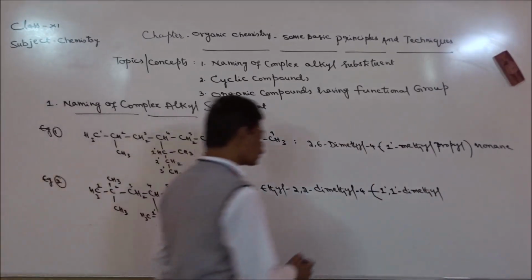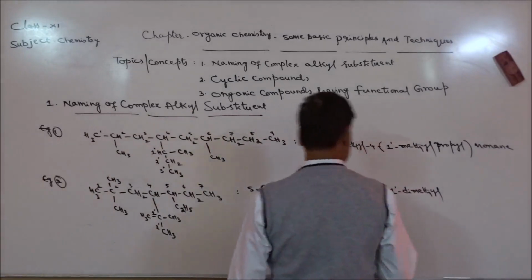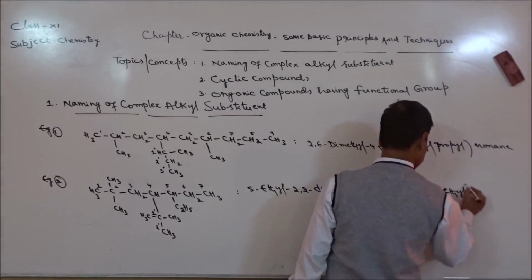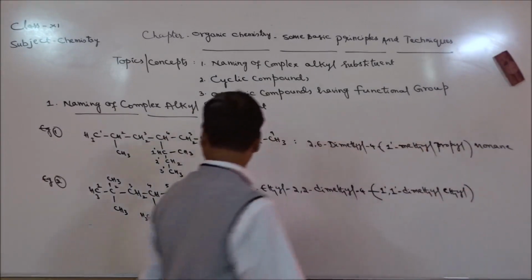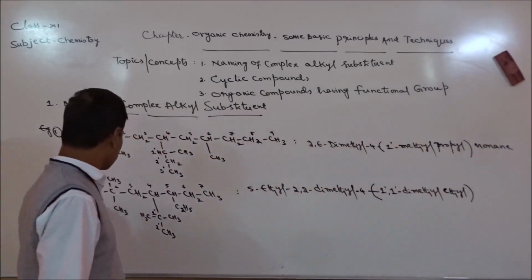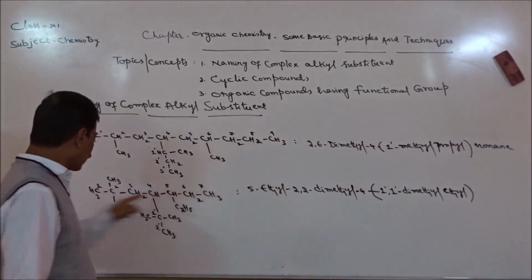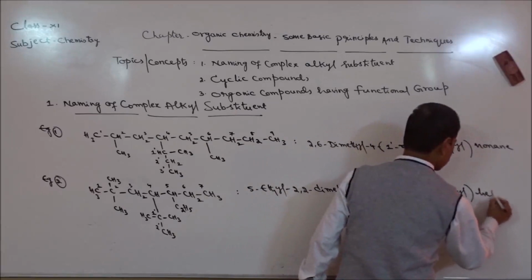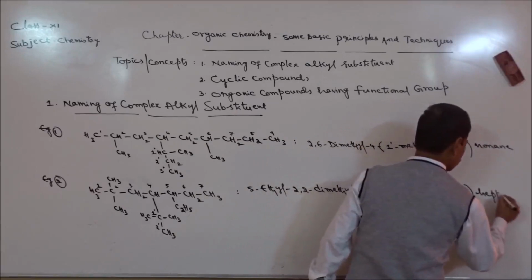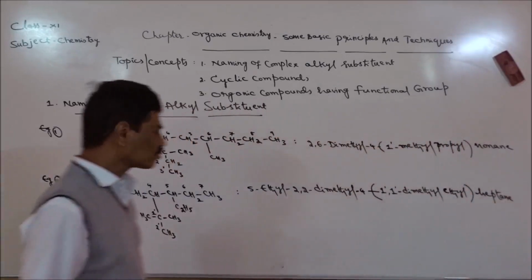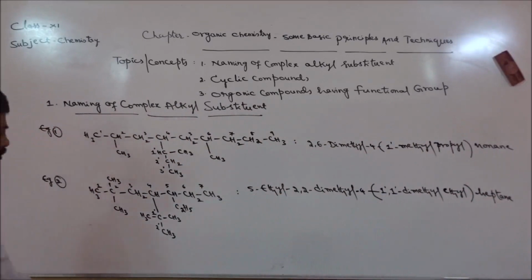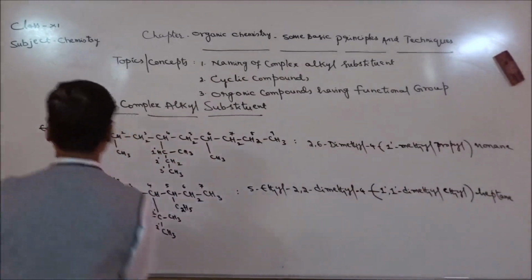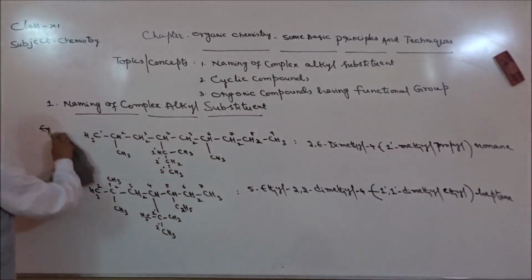So I write ethyl. Now, this chain has 7 carbon atoms in it. So heptane. Yes. So this is the second example, and we will go to the third example.